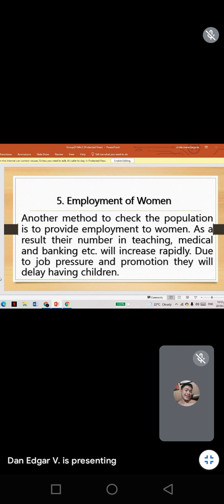So kung busy yung mga babae, wala silang oras mag-raise ng child or mag-plan to raise a child kasi minsan kung maiisip rin nila na walang magbabantay, ganun. So, di nila pinaplano na magka-baby. So, yun lang. Thank you.